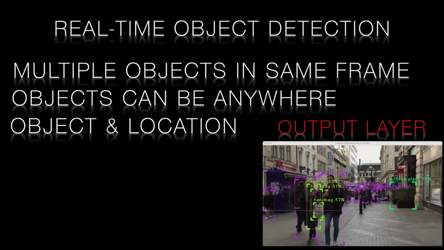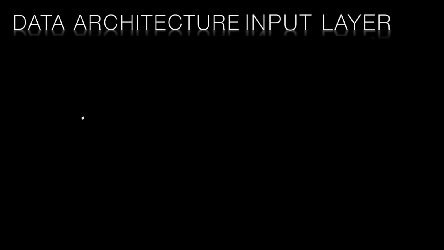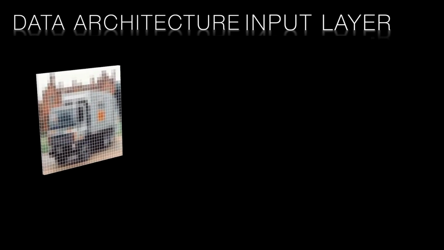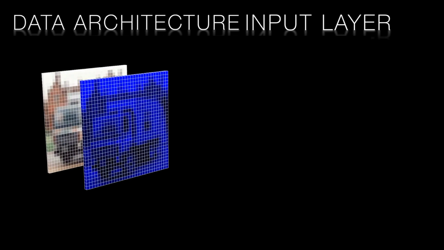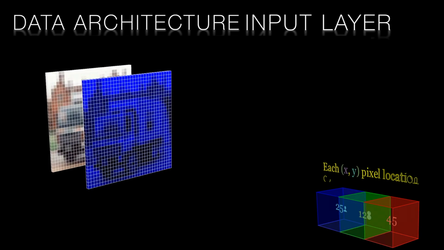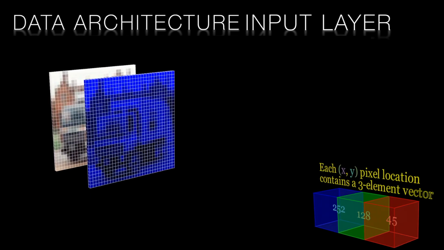Let's spend a bit of time discussing data representation and data architecture. We can think of an image as a 3D matrix. We have X and Y coordinates. These are locations of each pixel on the screen. And the pixel values are represented in a simple 3-element vector.